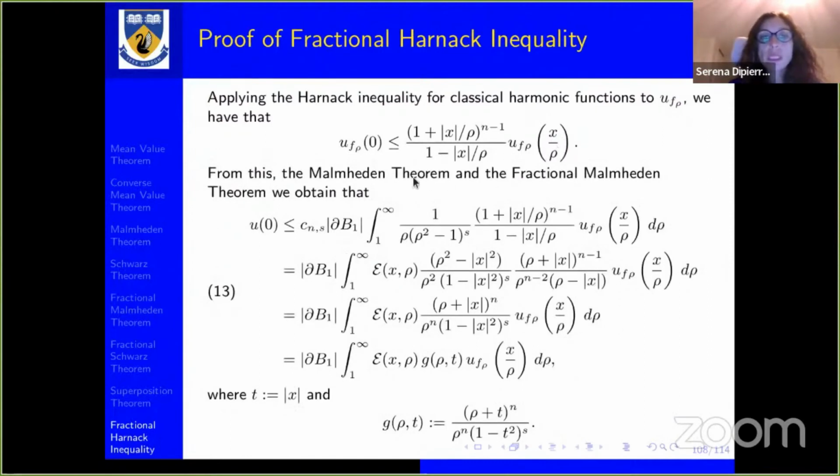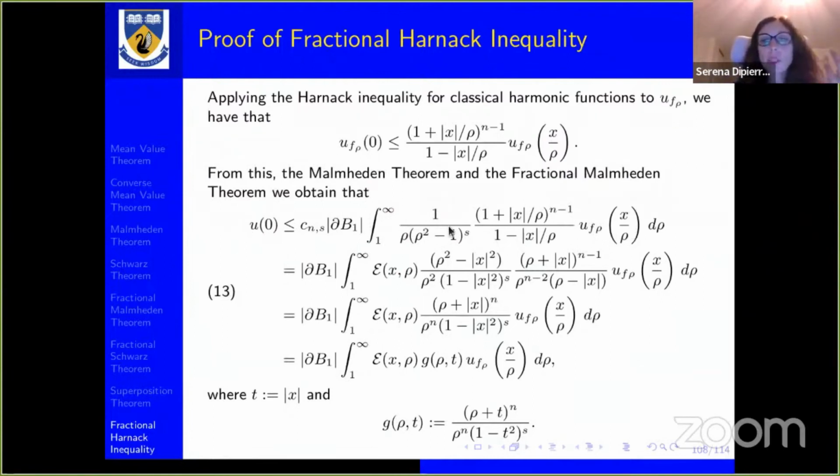And so from this, if we use the fractional Malmheden theorem, we obtain that U of 0, we said, is equal to this constant, and then the integral from 1 to plus infinity of the function U multiplied by the kernel.